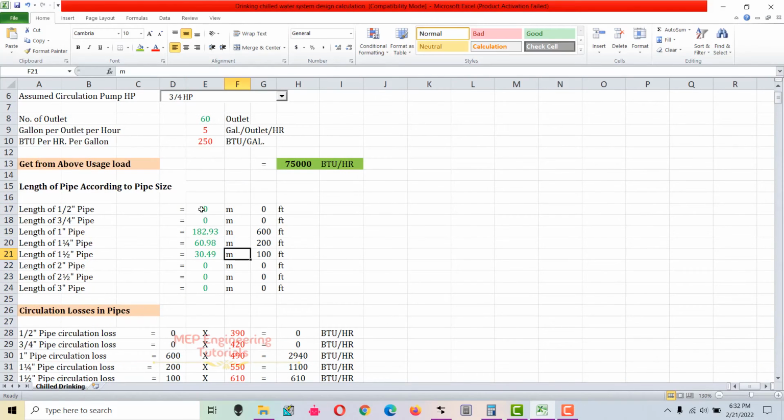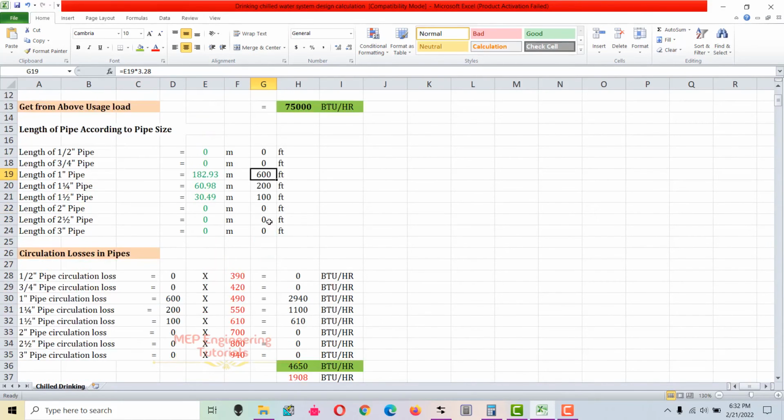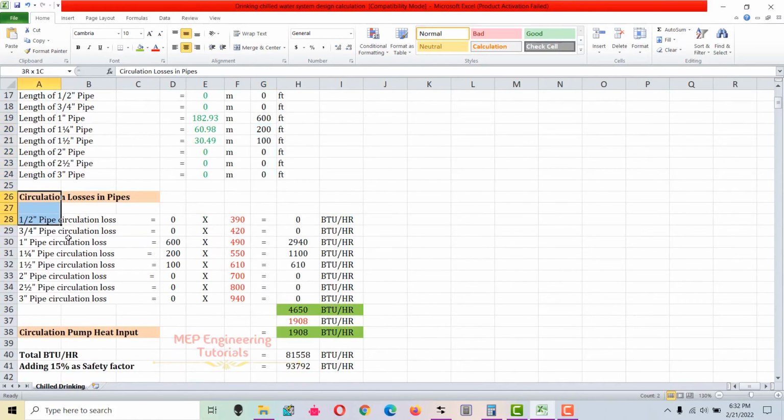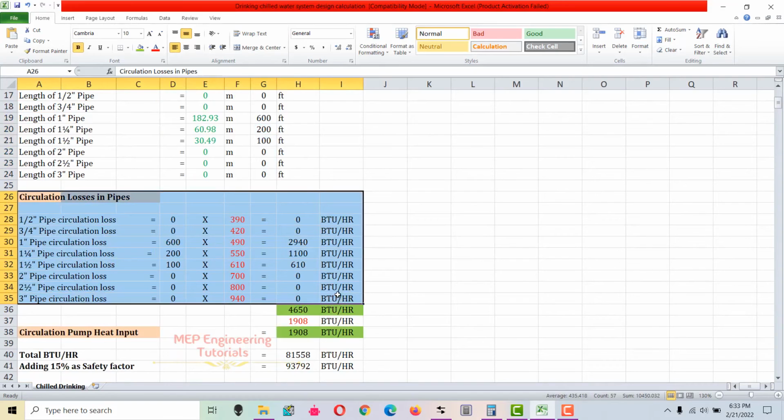After checking the lengths in the drawing of each pipe segment, I have written them in here, let's say these are the lengths, and we need to convert this into feet. So I just need to multiply this value with 3.28 to get this length in feet. So you have to write everything in here, and then proceed towards the circulation losses in the pipes.